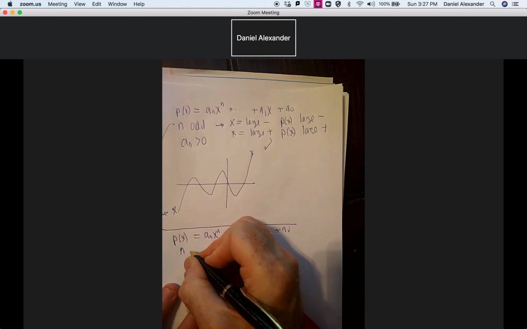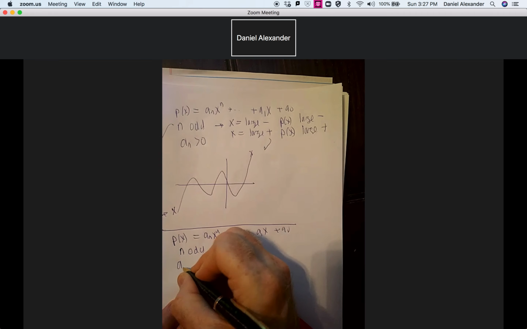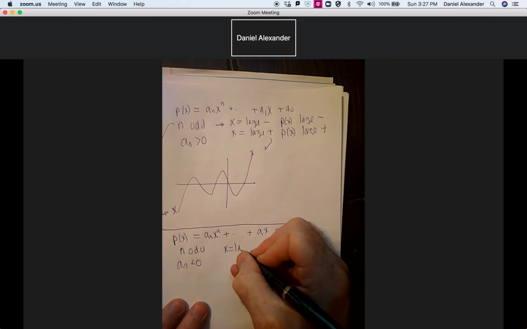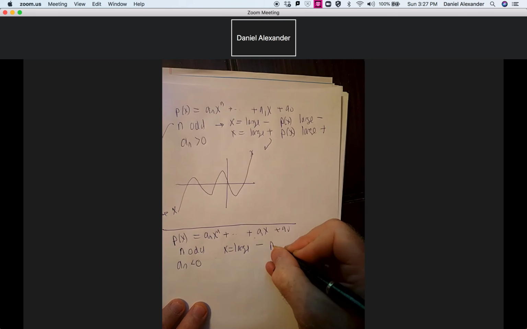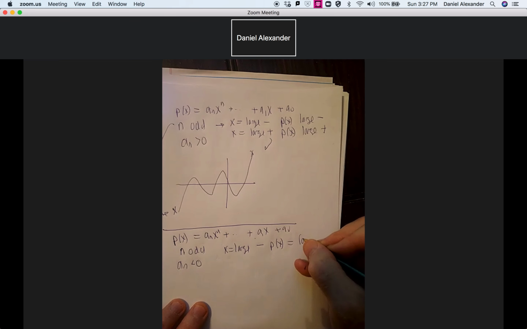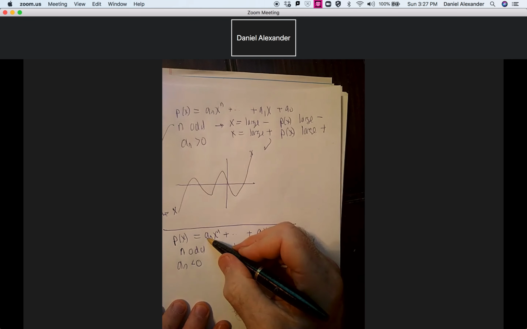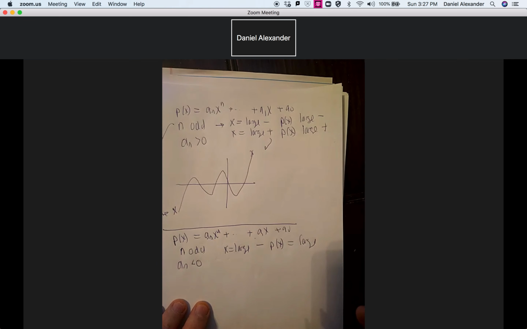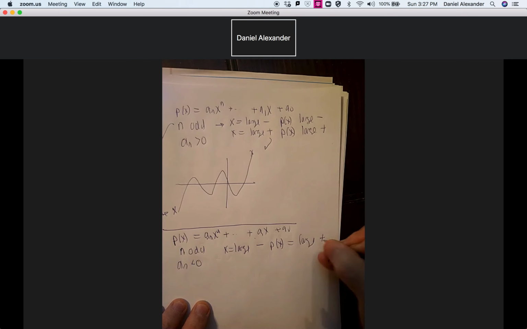And then if P of x is the same thing, this time we have n odd, but a_n is negative. Then if we plug in x as a large negative number, we have a large negative, and then we have an odd number of negatives here. It gives us an even number of negatives, so we're going to have a large positive.